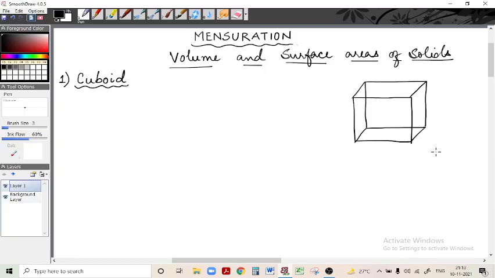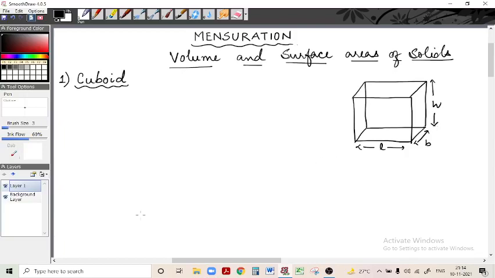These are things we have in our daily life. You may also have observed that in a cuboid the length, breadth and height are different, or any two can be the same. Let this be our length, this portion our breadth, or you can say width, and this our height.